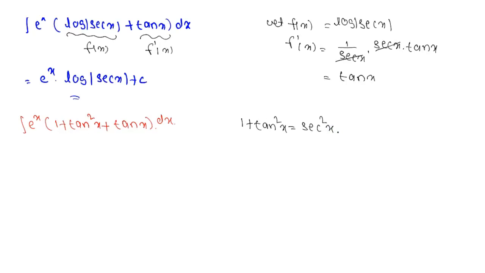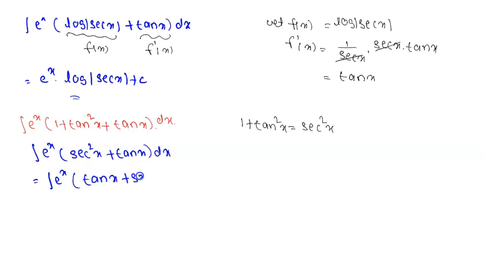Secant square x. Okay now. So here replace that function: integral e power x into secant square x plus tan x dx. Right. Here again this is in the form of the integration of the above question, e power x into f of x plus f dash of x. So this one I am rewriting as e power x into tan x plus secant square x dx.